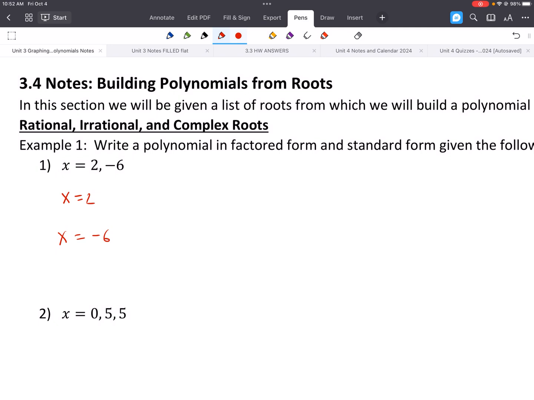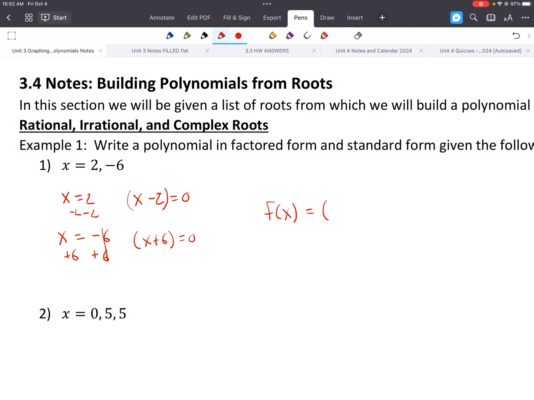So here we would want to subtract 2 from both sides, and we'd end up getting x minus 2 equals 0. So that would be one of our factors, and we'd do the same for the other, and we would get x plus 6 is equal to 0. And then to write our equation, we're just going to put those factors together.